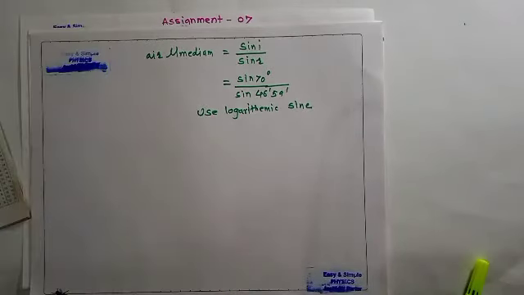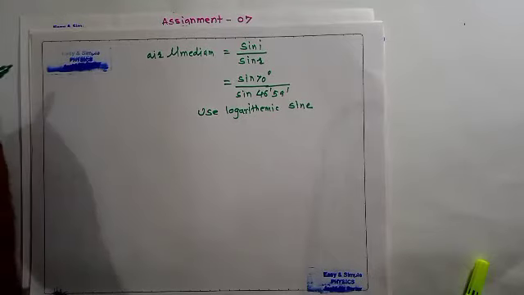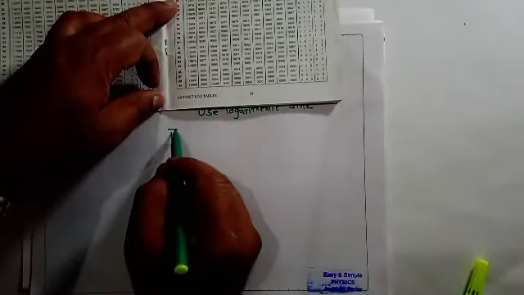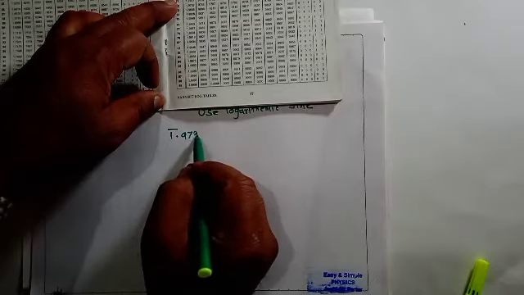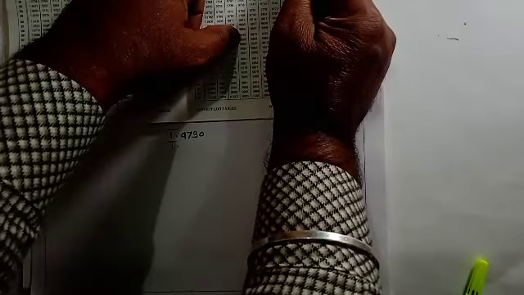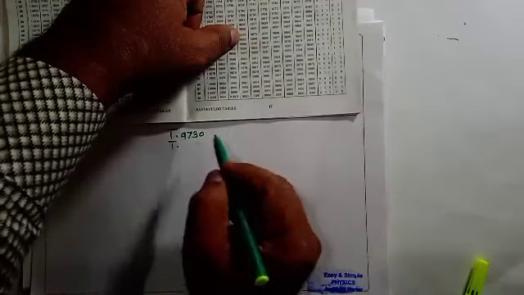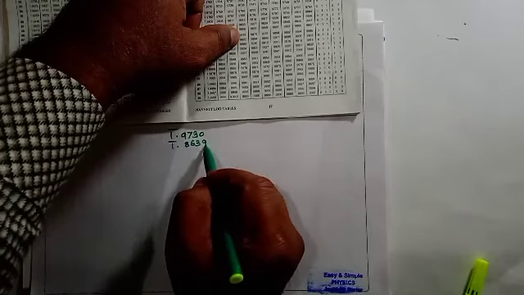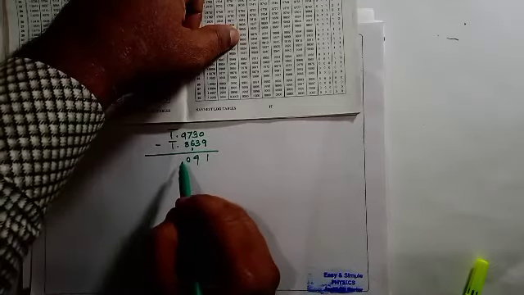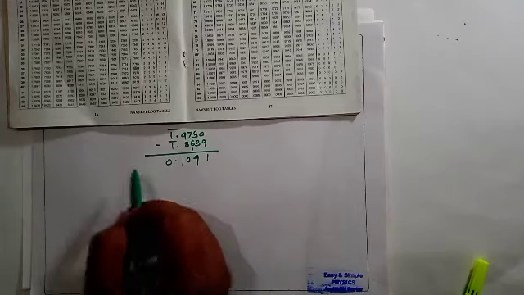See here, when we use logarithmic sine, for 70 degree it will be bar 1.9730, and for 46 degree 59 minute it means bar 1.8639 by subtraction.